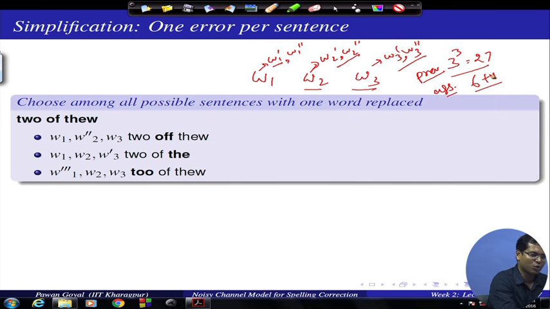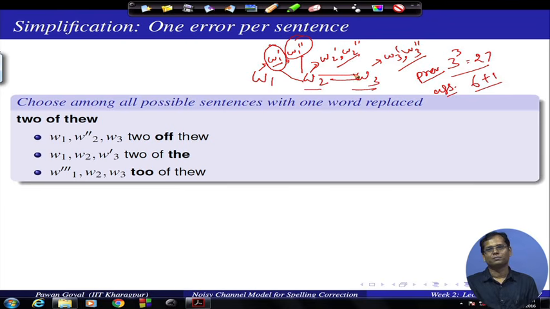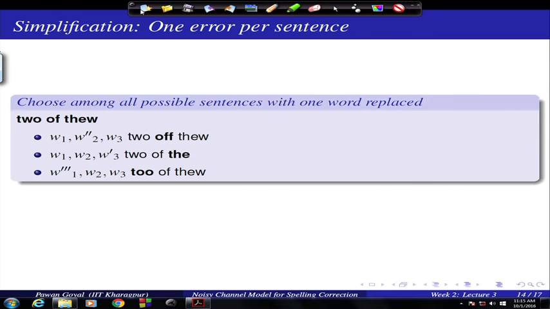So the candidates are W1 prime, W2, W3, only one error per sentence, W1 double prime, W2, W3, and so on. So this hugely reduces the number of candidates for which I have to check. And this is quite true also in practice, that you do not make more than one error per sentence in general.